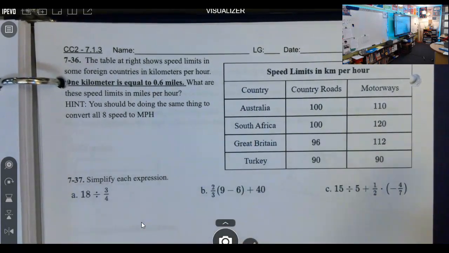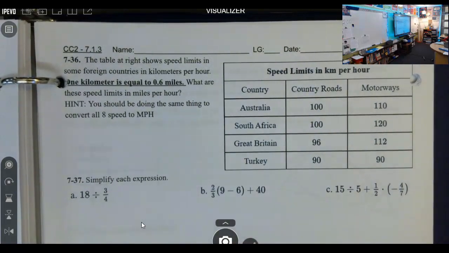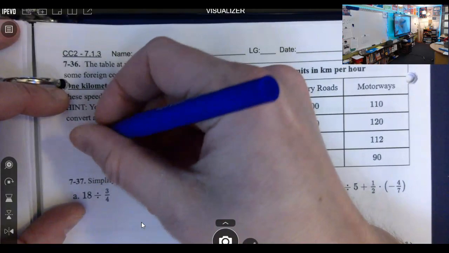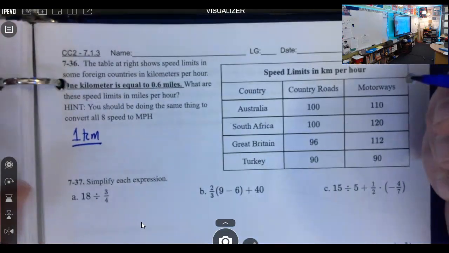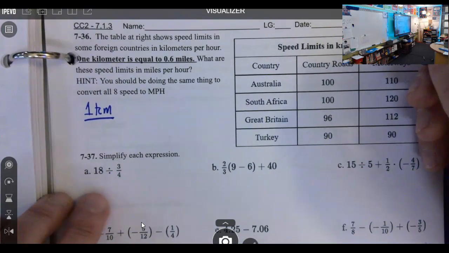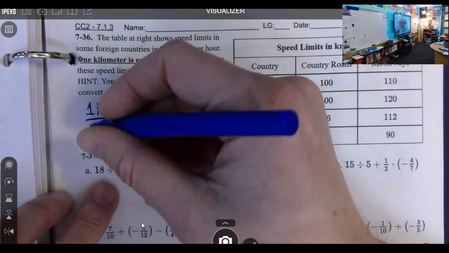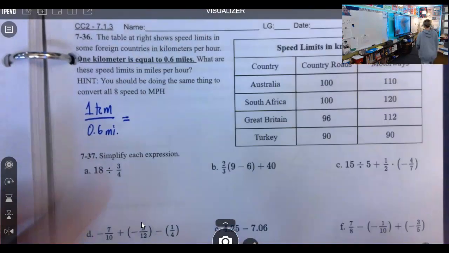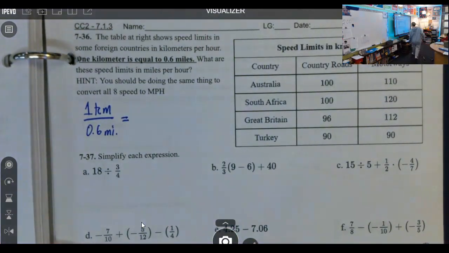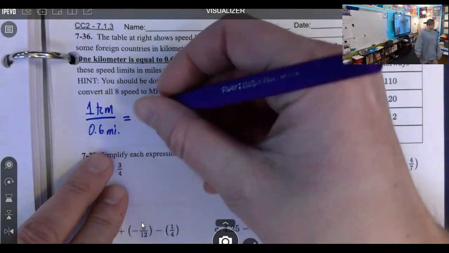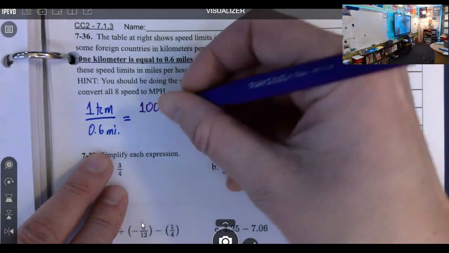Well, if every 1 kilometer is equal to how many miles? How many miles? 0.6. Then how many miles will 100 kilometers be?